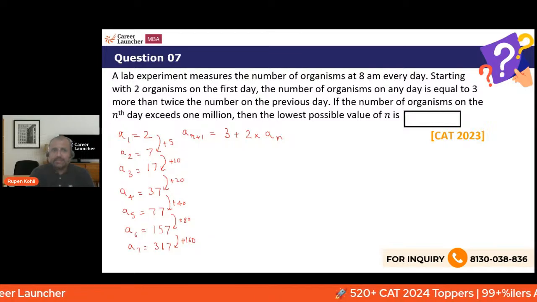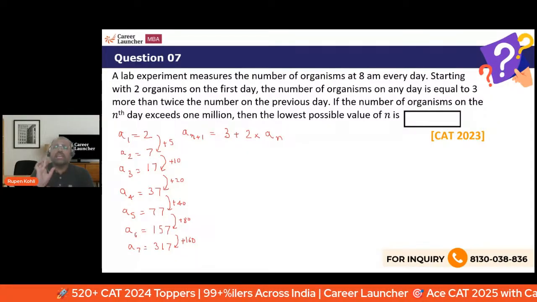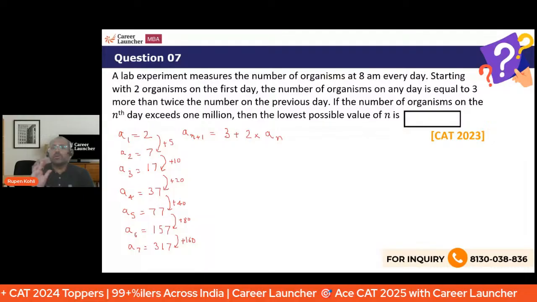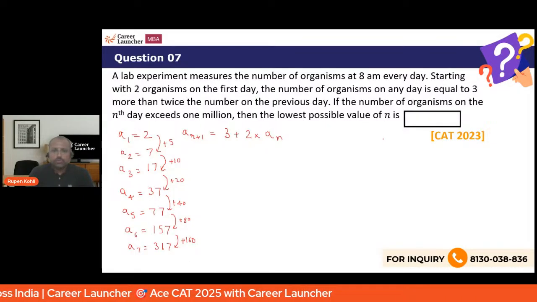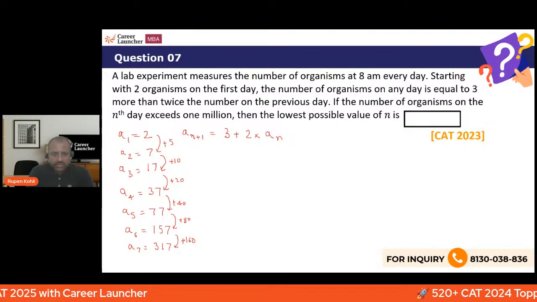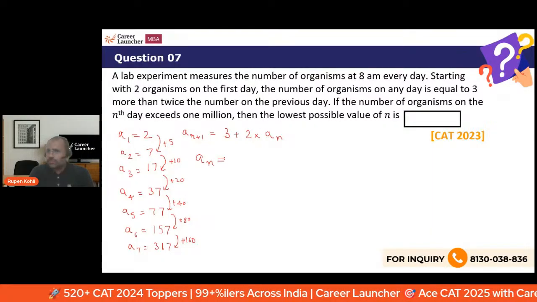So I think I can write a formula, an equation for the nth term in terms of a summation of a GP. I know that to reach the nth term, from 2, we have to add plus 5, plus 10, and this is a GP. So for the nth term, I'm trying to write a formula.